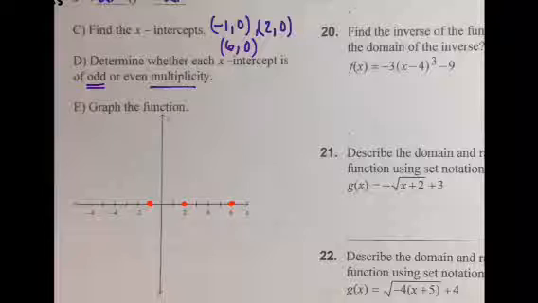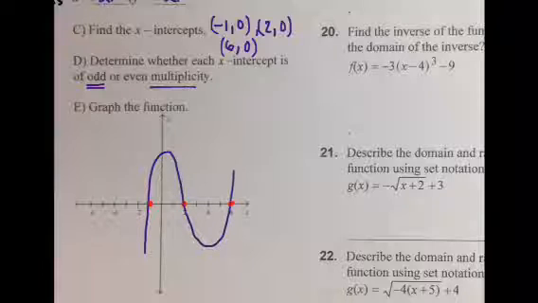Okay, so now I know that the end behavior is down up, and it's going to cross through each of these 3 zeros. So my graph is going to cross like this. And this point right here would be 12.